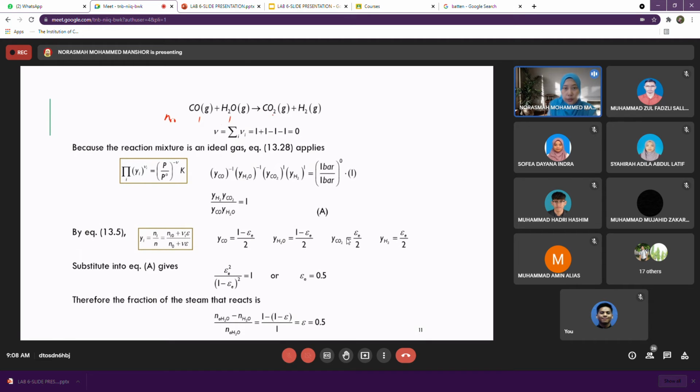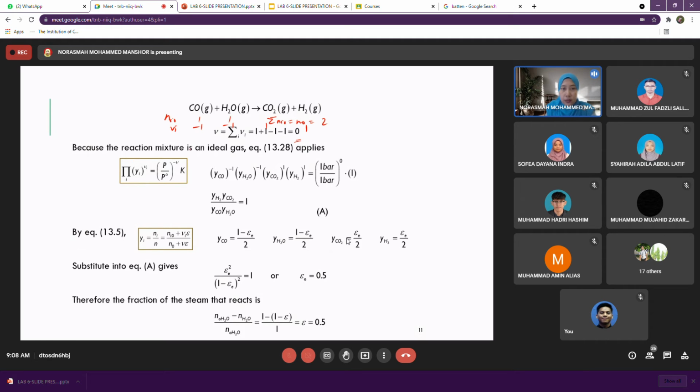So the summation of ni naught is n naught, which is equal to 2. The stoichiometric number vi for each species: for the reactants it is -1, and for CO2 it is 1, H2 is 1. So the summation is 0.